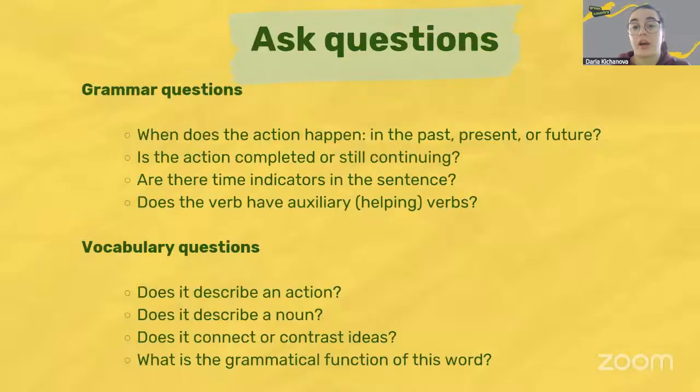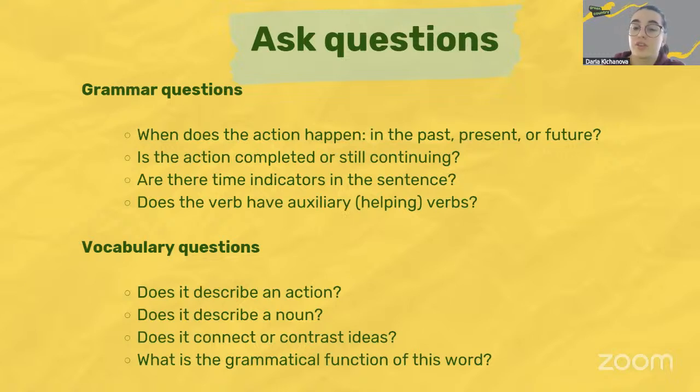So also, one more really useful tip for you is asking questions. Especially when you are not sure about the answer, some questions may be helpful to cross out the incorrect options. When we are talking about grammar questions, these questions may be like that.